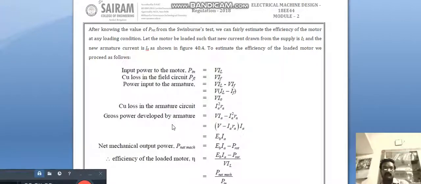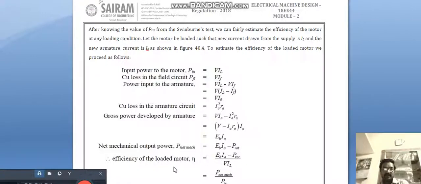So the gross power developed by the armature is V IA minus Ia square Ra, that is (V minus Ia Ra) multiplied by Ia, which gives Eb into Ia. The net mechanical output, P net mech, is equal to Eb Ia minus P rotational.